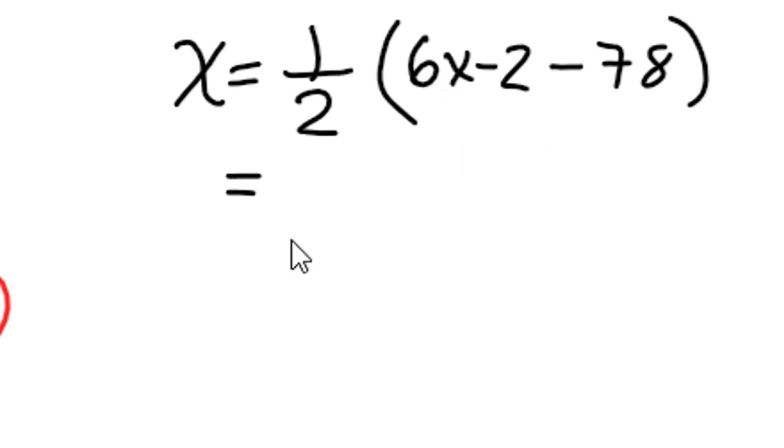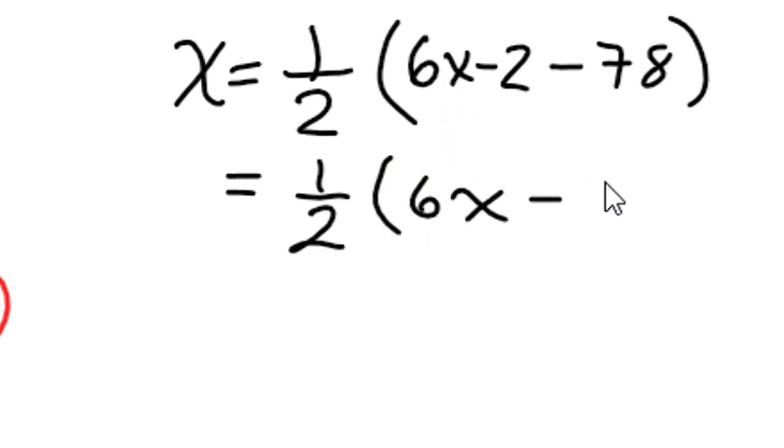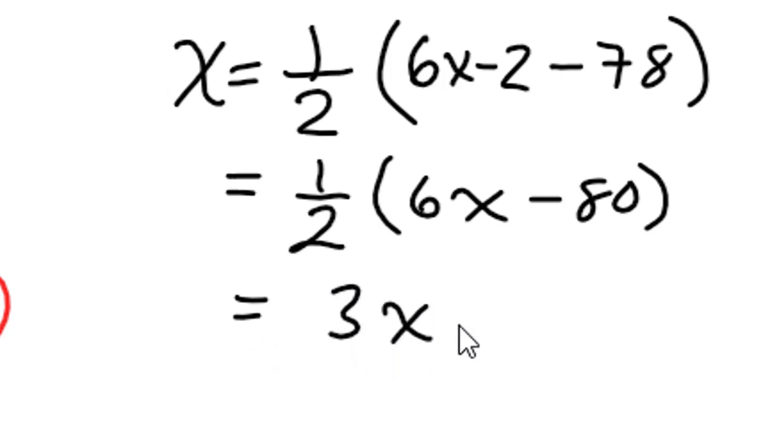So let's simplify the parentheses first. So we have 1/2 times (6X minus 80). Let's go ahead and distribute the 1/2 since the 2 goes into 6 and 80 evenly. So this is going to be equal to 3X minus 40.